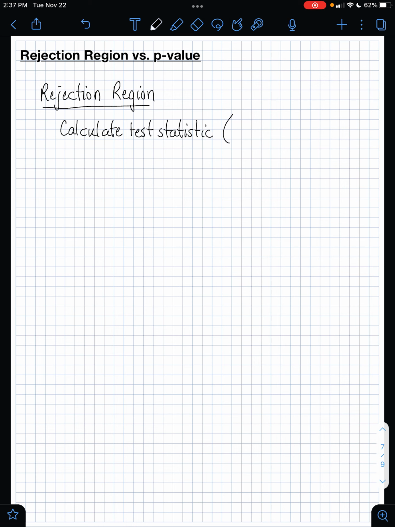So we're going to calculate the test statistic, either x bar or p hat or s, the standard deviation, depending on which situation we're in. And we're going to convert it to a t-value, a z-value, or a chi-squared value, respectively.